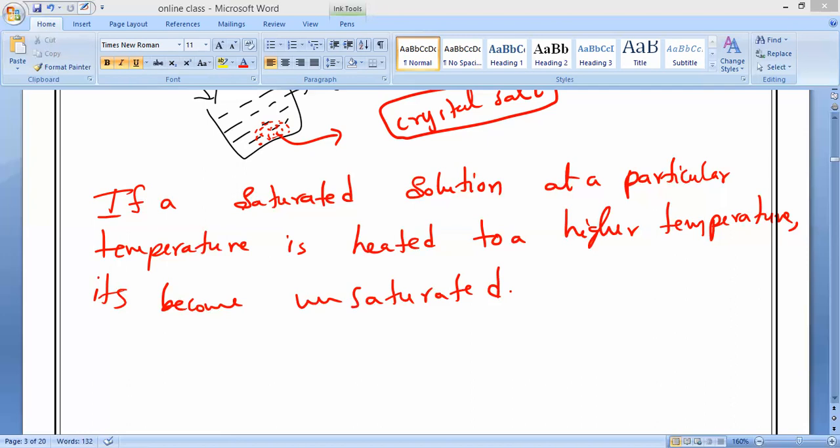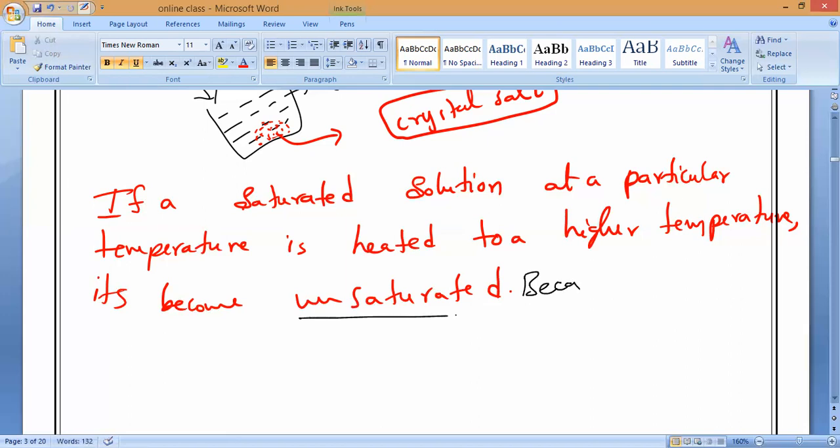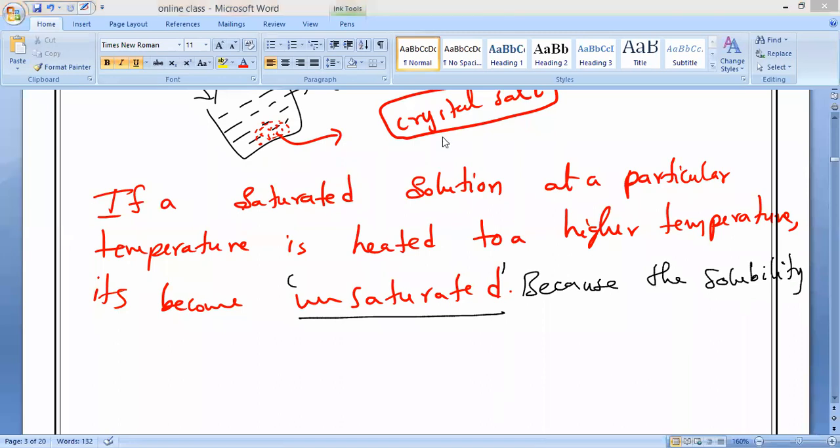Because here you can write, it will turn into unsaturated because the solubility increases. What do you mean by solubility? Amount of solute dissolved. Understanding?